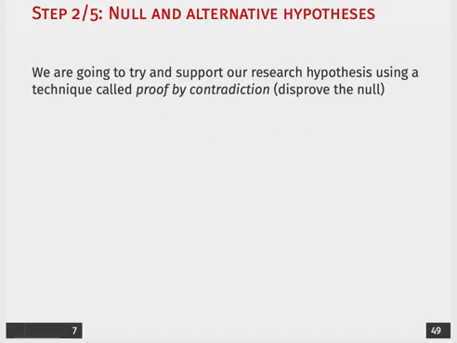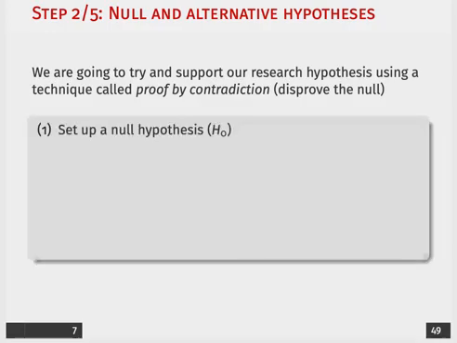With all of our assumptions met, we can go ahead and actually set up our hypothesis test. The way that we're going to do this is we're going to use a technique in logic called proof by contradiction. Essentially, what we're going to do is set up a null hypothesis and hope that we find sufficient evidence to suggest that that hypothesis is unlikely. That is a little confusing, so let me describe that.